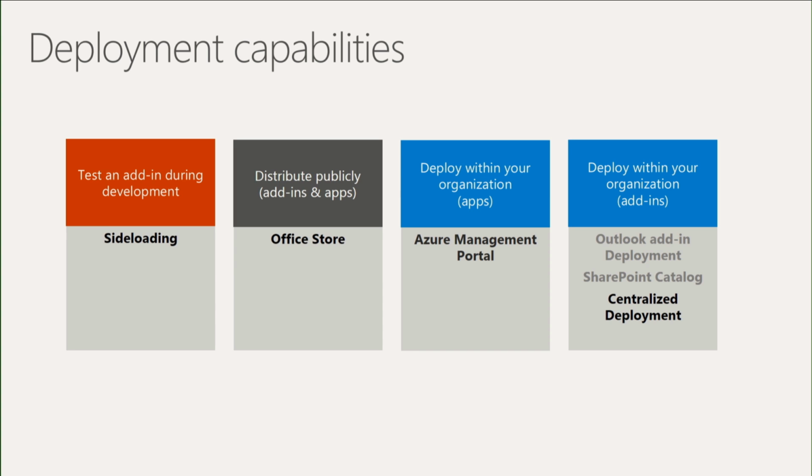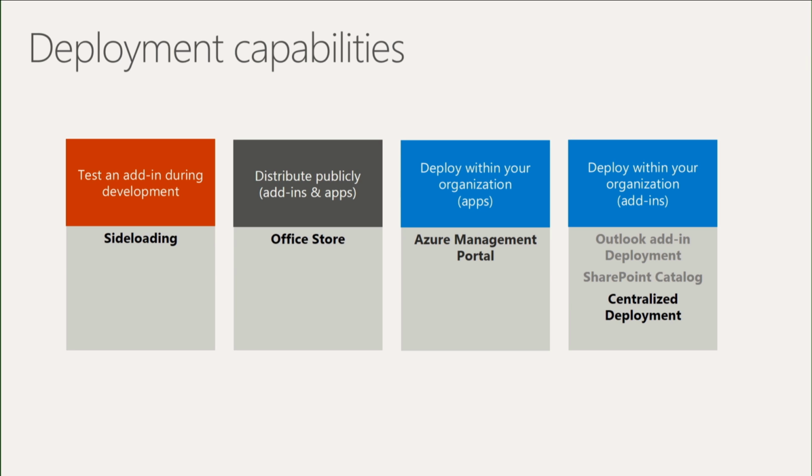So for example, testing an add-in during development, sideloading is the way to approach that. I'll talk about that in more detail. If you want to distribute your add-in or app publicly, have lots of people download it and use it, that's not to say it can't be backed by a service that people have to pay for, but a very easy way to distribute to a broad audience externally would be through the Office store.